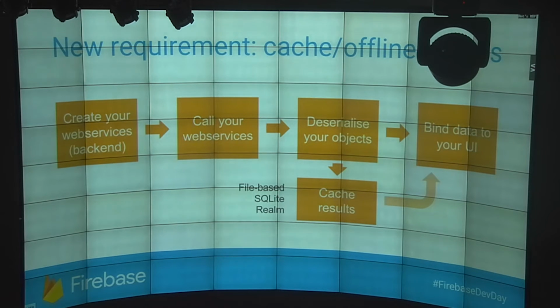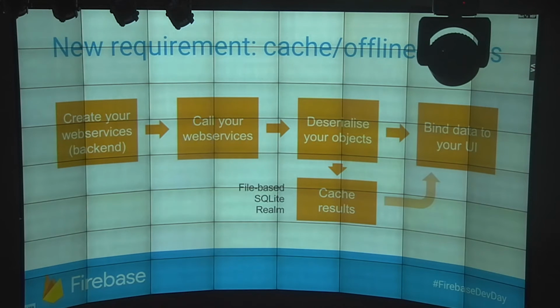Maybe you've cached your JSON files or cached your image files, or maybe you have used SQLite to cache the data, or maybe you've used Realm as a way to deserialize your objects and then keep them in Realm so that they can be used offline.